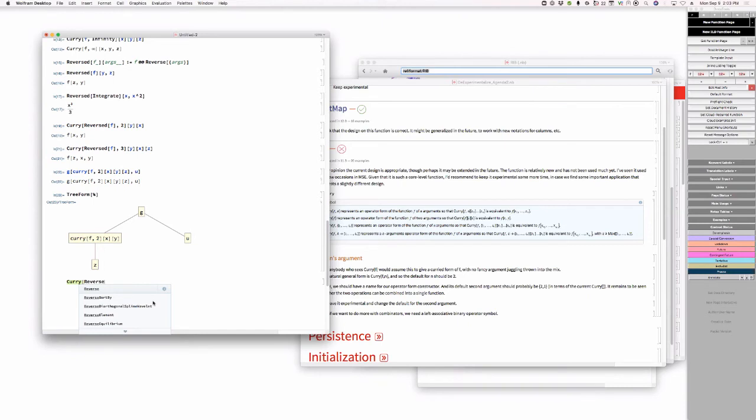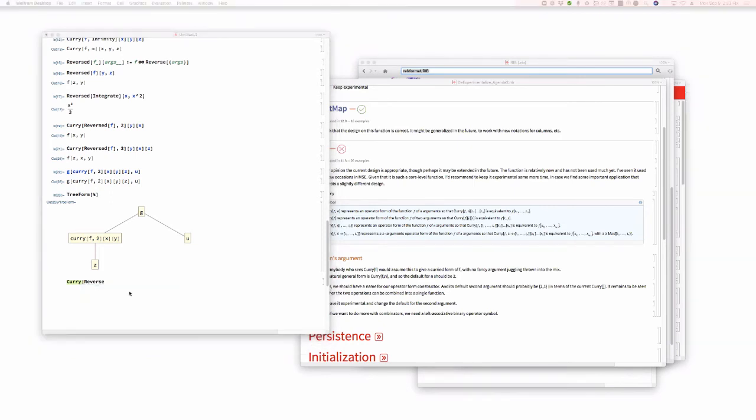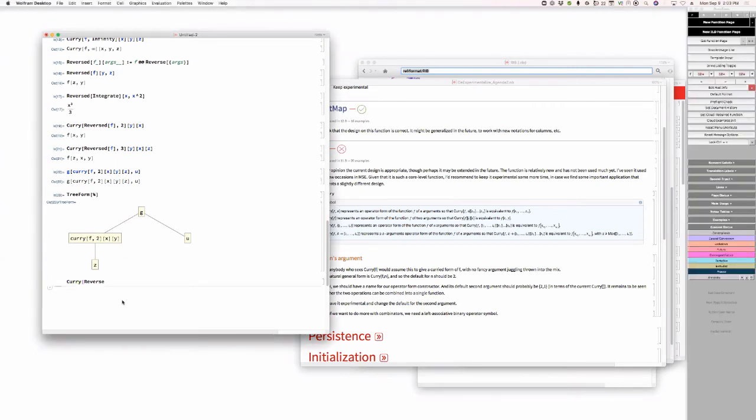I don't buy that argument. To me, is the fact that our default curry is curry of f, 2 really useful as a default? For example, if I need to manufacture a function that adds 1 to its argument, I would say add1 equals curry of plus, 2 of 1.